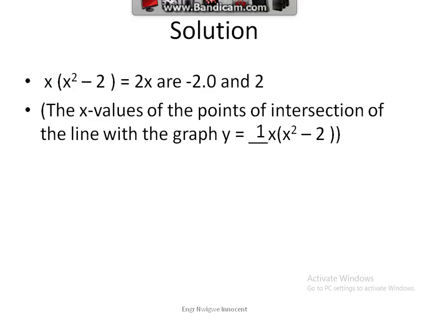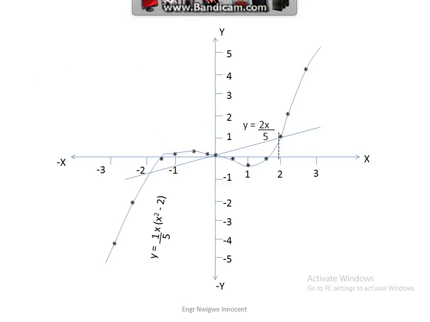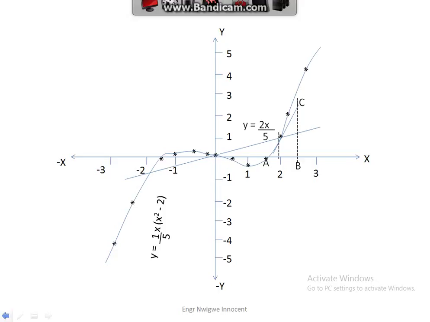So the x values of the points of intersection of the line with the graph y equals 1 over 5x(x squared minus 2). Then for the next question, we are asked to find from the graph the gradient of the curve y equals 1 over 5x(x squared minus 2) at the point x equals 2.